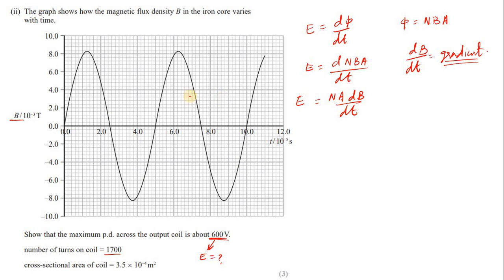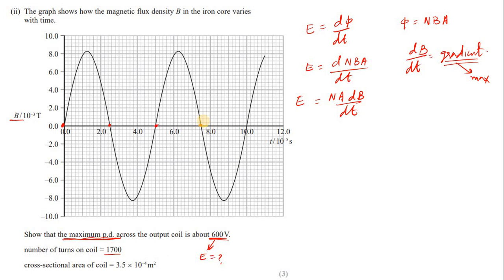But where to find the gradient? Remember, we need to find the maximum potential difference. So we need to find the maximum gradient. The maximum gradient can be here or here, which is negative but that's also fine, or here or here. You need to choose any point so that you can find the gradient.